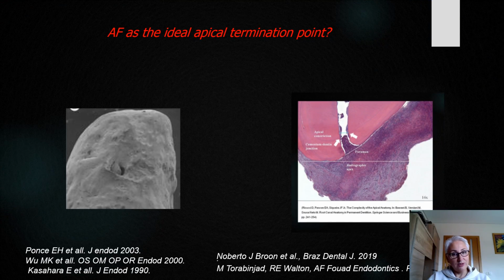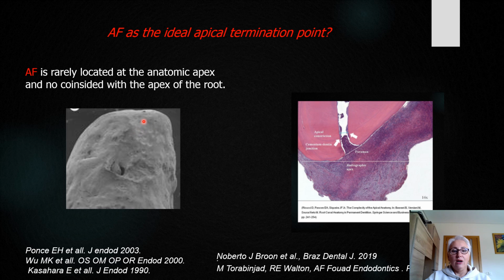The second point is the apical foramen. Could we use it as the ideal apical termination point? I have to tell you that the apical foramen is located at the anatomic apex and does not coincide with the apex of the root. Usually our canal is curved apically and never ends exactly at the radiographical or anatomical apex.